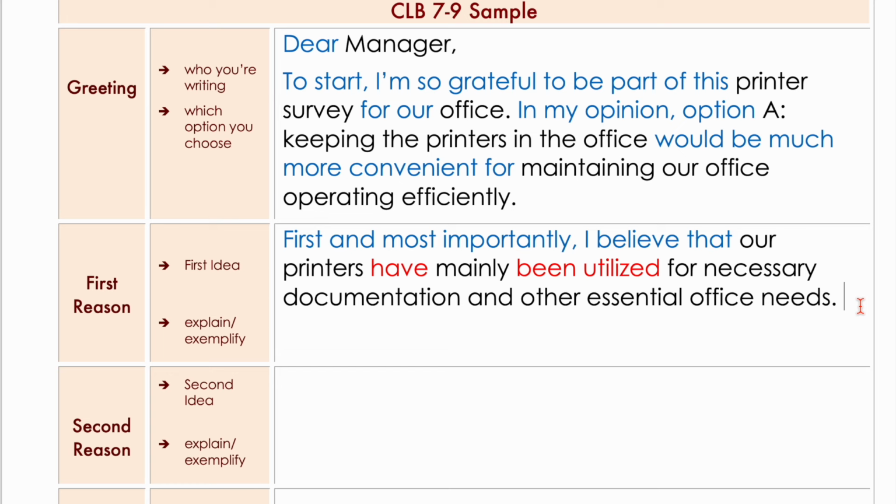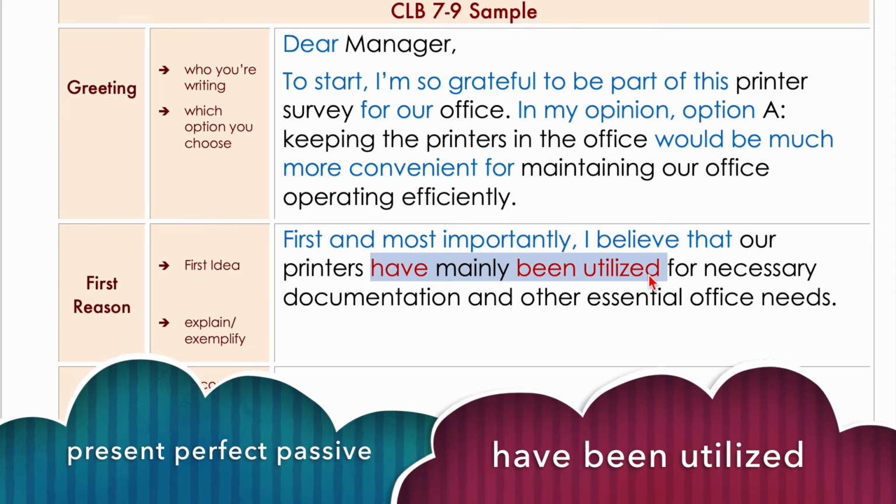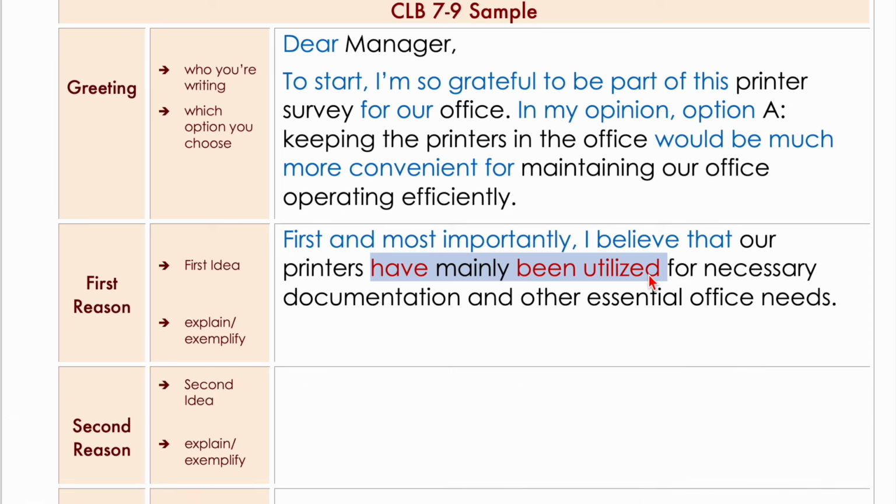So in here, we are saying the main reason why we use the printers. Okay. For documentation and other essential office needs. Okay. Now, I do see here a stronger expression by using present perfect passive. Okay. Have been utilized. Okay.